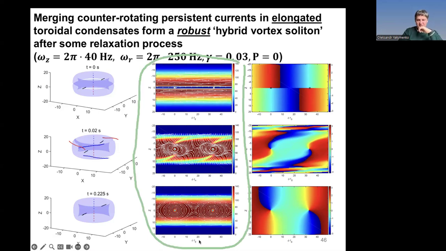Thank you for this question, because I had to explain what this is indeed. The vertical coordinate is z. The horizontal axis is the color-coded density distribution along the angular coordinate. You take this cylinder, cut it, and unroll it into such a plot, so this point and this point are the same point.